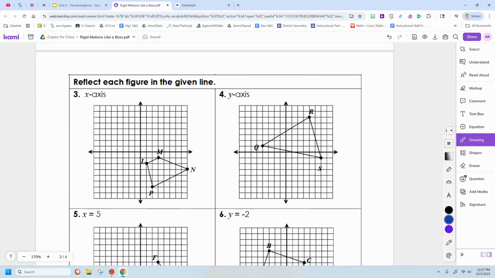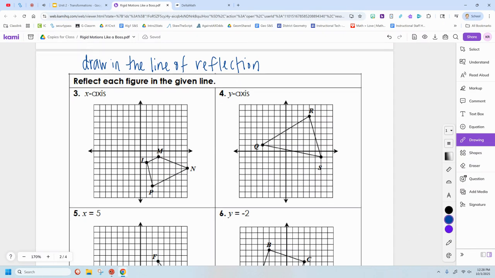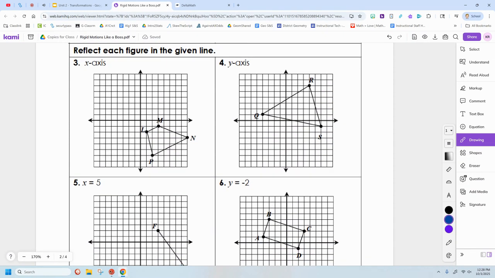For reflection, make sure that you draw in the line of reflection. Remember how we did it with like a highlighter? And then when you get to like 5 and 6, do you see how they're weird lines?